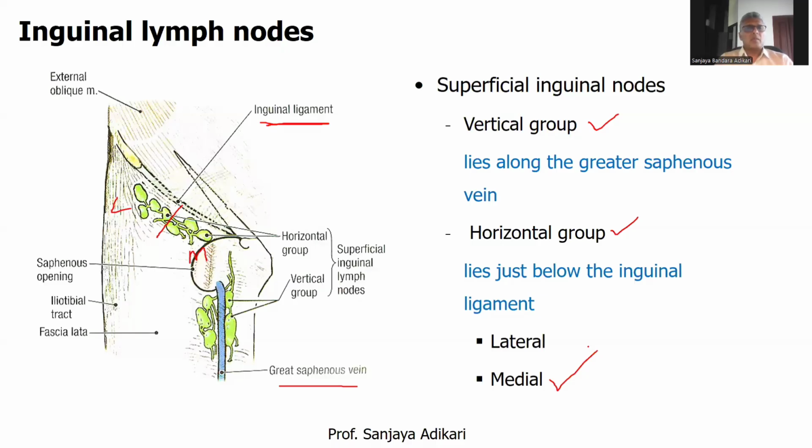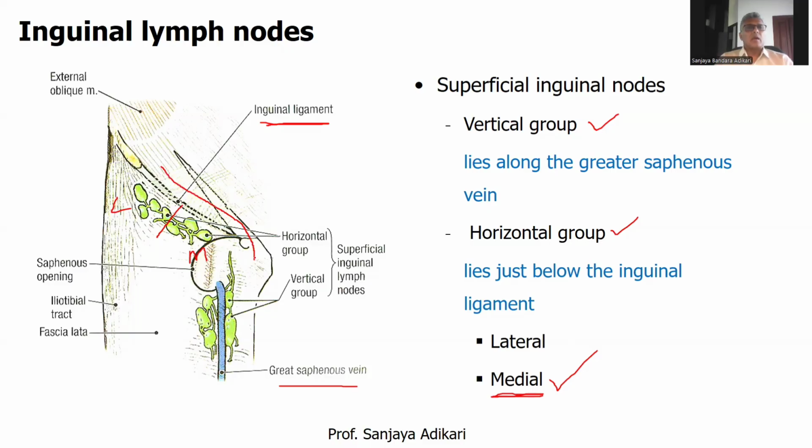Many important structures drain into the medial group, especially the superficial lymph, because it's the superficial group of inguinal nodes. And among those structures, the cornu of the uterus is also there because it drains into the medial group through the round ligament, because in females, the round ligament passes through the inguinal canal, and it ends at the labium majus.